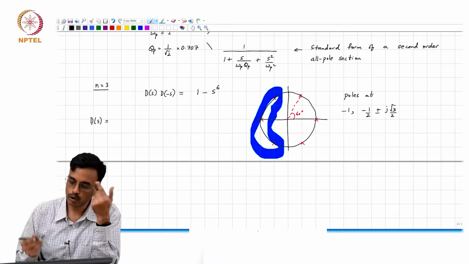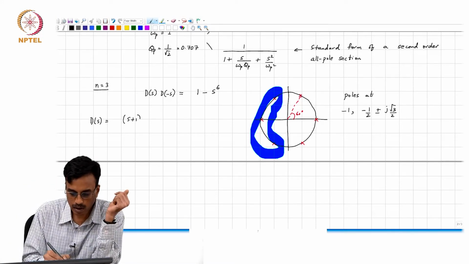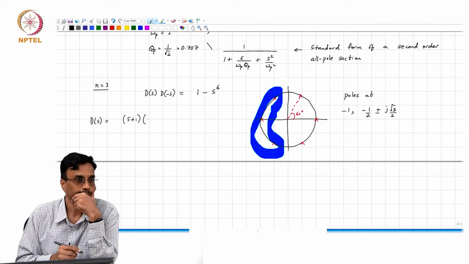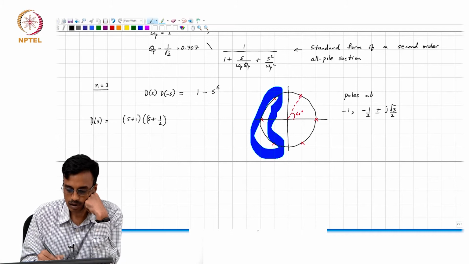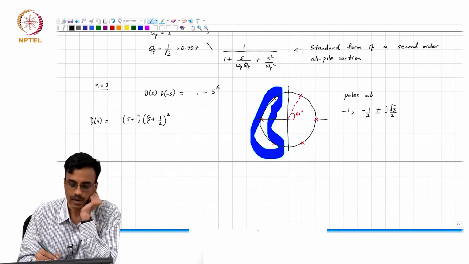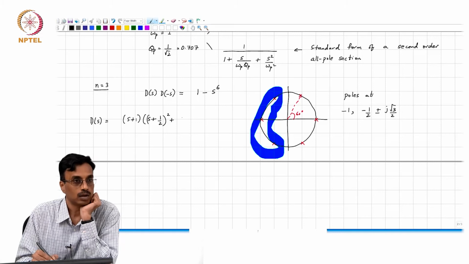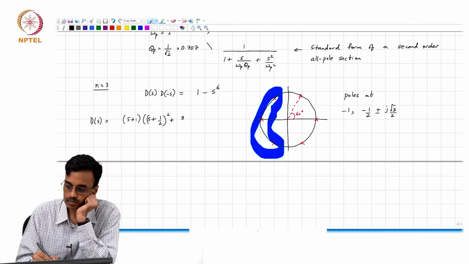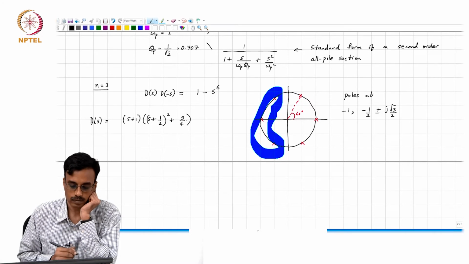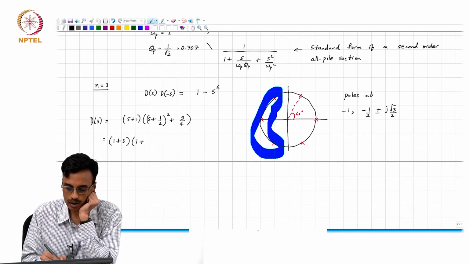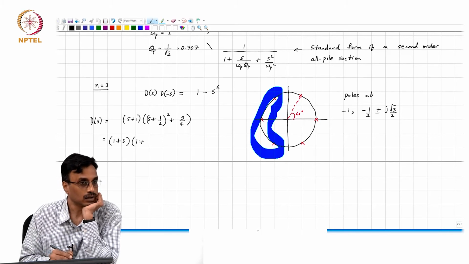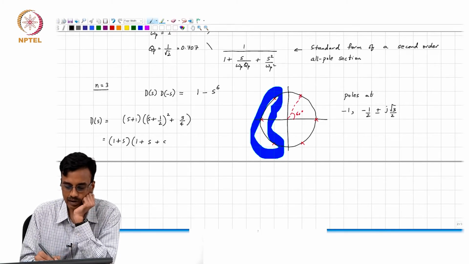All right. So therefore, the polynomial is simply s plus 1 times s plus half the whole square plus three by 4, right, which is 1 plus s times 1 plus s plus s².